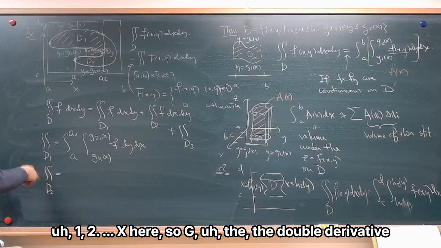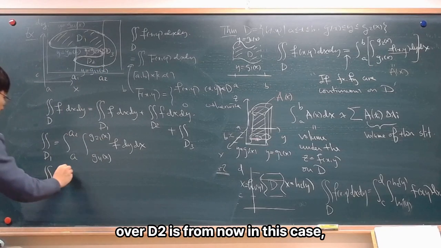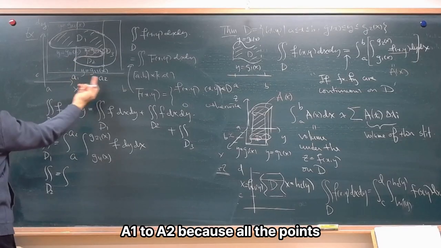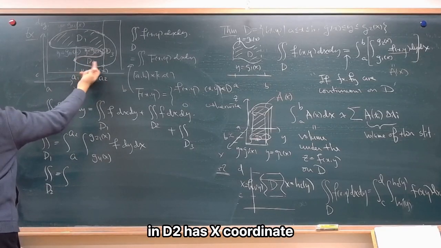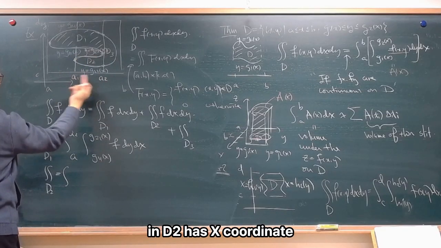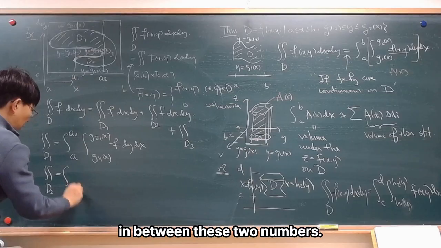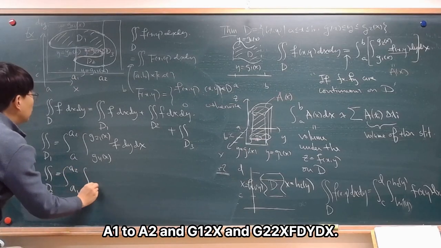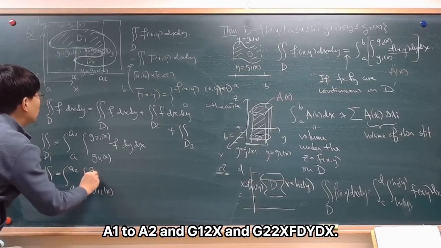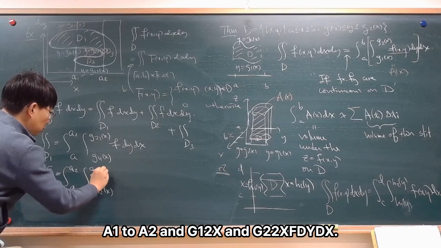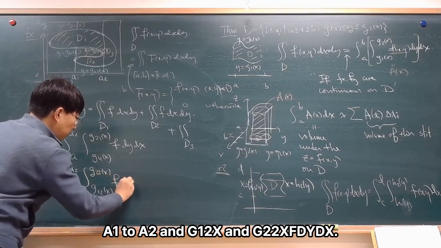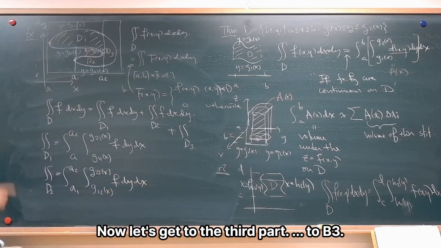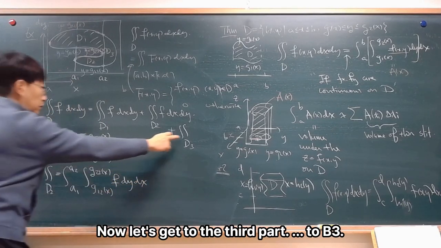So the double integral over D2 is from A1 to A2, because all the points in D2 have x coordinate in between these two numbers. A1 to A2, and G12(x) to G22(x), f dy dx.